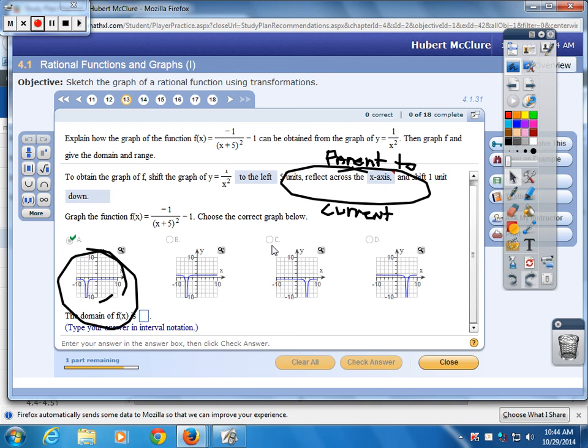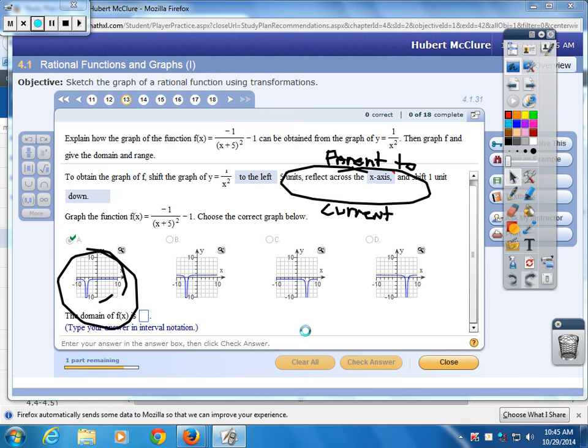Okay. So what's the domain? Negative infinity to what? Negative infinity to -5, and then from -5 to what? To positive infinity. And you would not use brackets on -5 because you cannot touch -5. Because if you touch -5, it will mess up the function.